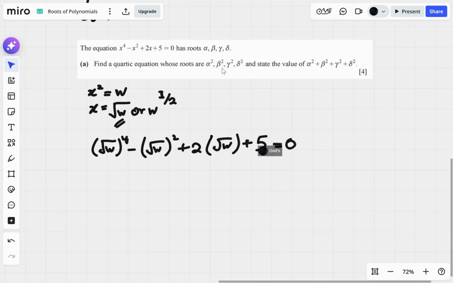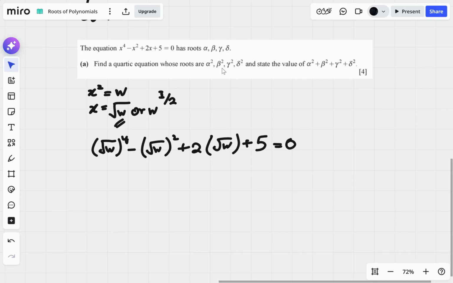For this topic and this concept, you have to be proficient in making these equations into the ones they have asked you to make. For this one, you have to notice that there is a power of 4, a power of 2, and a power of 1. You have to get rid of the square root, and you have to be proficient in that.